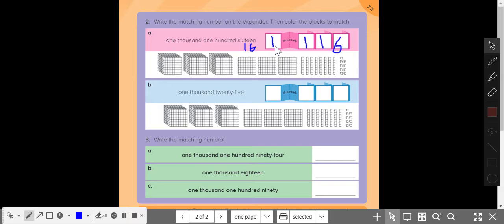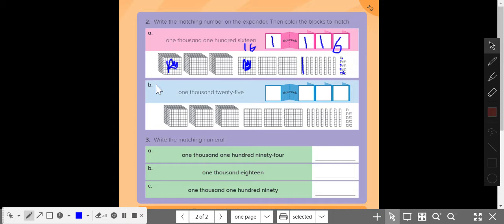So I have 1,000's block, 100's block, 10's block, and 6 ones blocks. 1, 2, 3, 4, 5, 6.